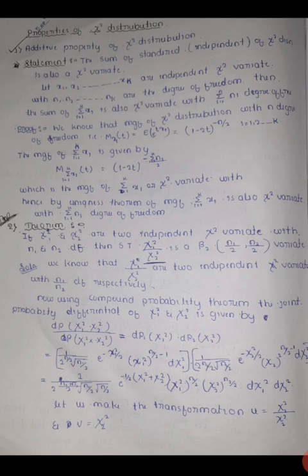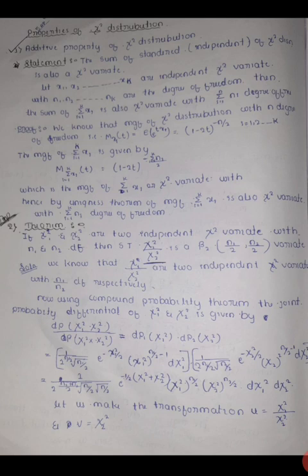Similarly, the mgf of summation xi, i equal to 1 to k, of t is equal to (1 minus 2t) raised to minus summation ni, i equal to 1 to k, divided by 2, which is the mgf of summation xi as chi-square.